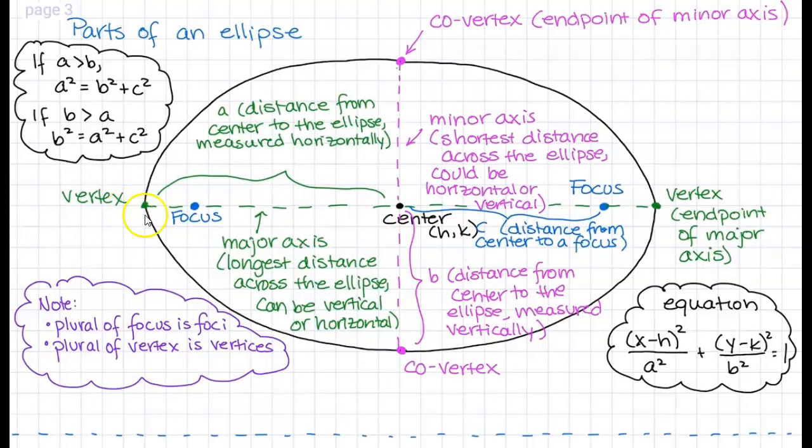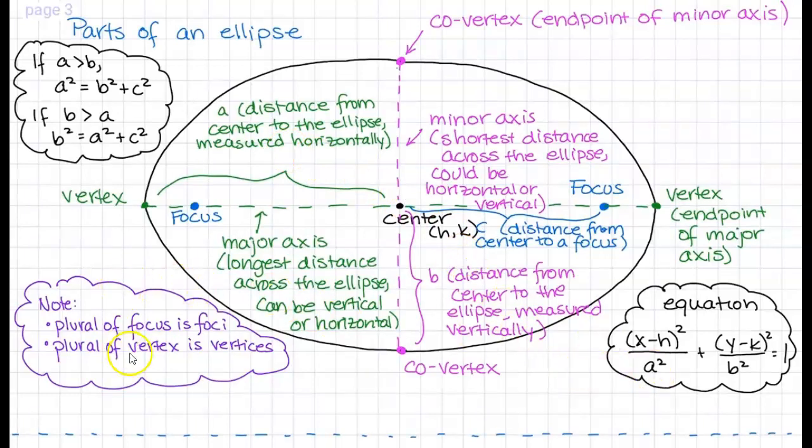But again, I just picked a horizontal ellipse here to align the ellipse. So the vertices are going to be along the longer distance. But again, remember, we could rotate this picture 90 degrees and make it a vertical ellipse. And then the vertices are going to be up and down from each other. But we have the major axis, this gives the definition. We have the minor axis, it gives the definition.